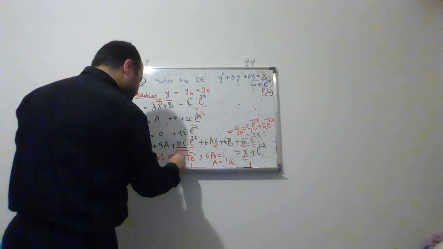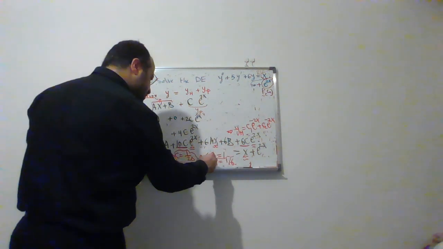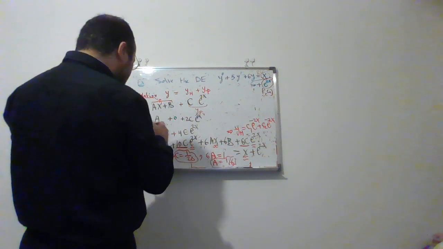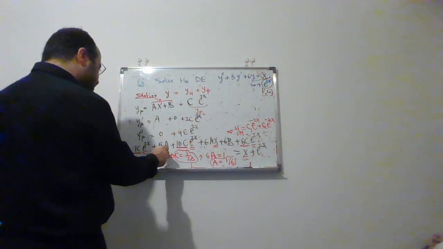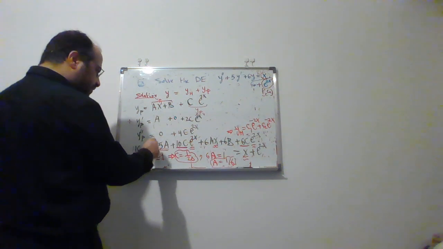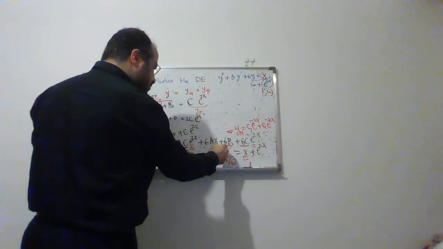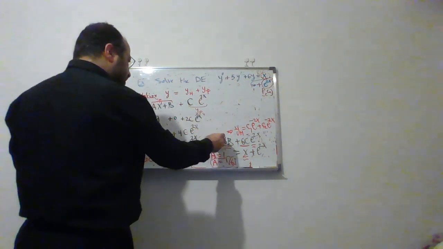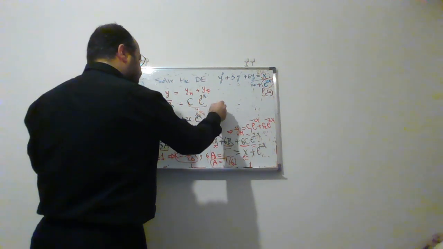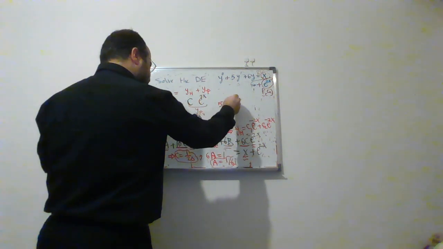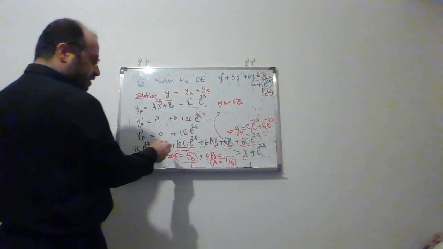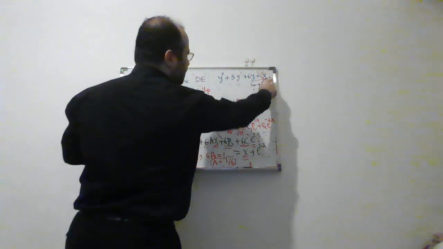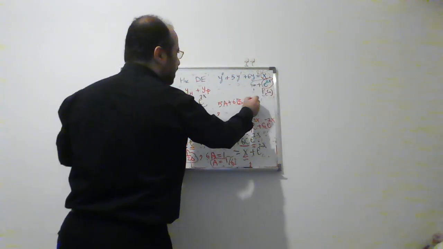So we got this, we got that, and now the last thing is to go with 5a and 6b. So let me write here, 5a plus 6b are constants, yeah? Any constant here? No constant here, then we have 0, yeah?